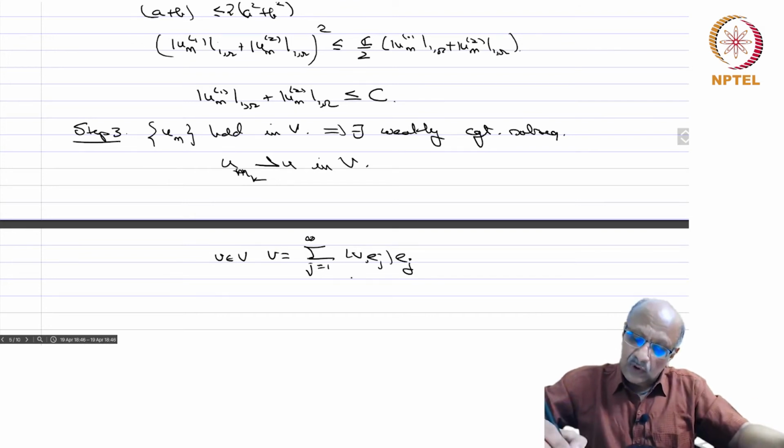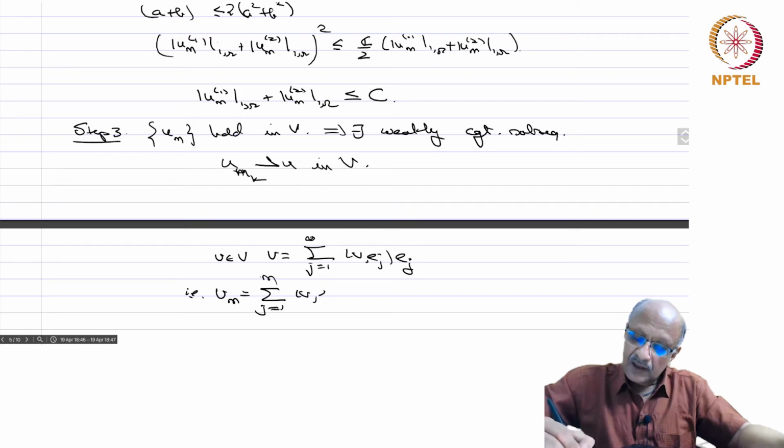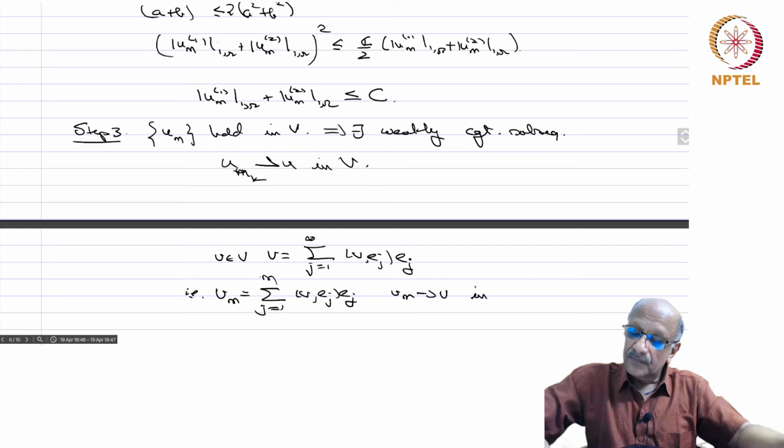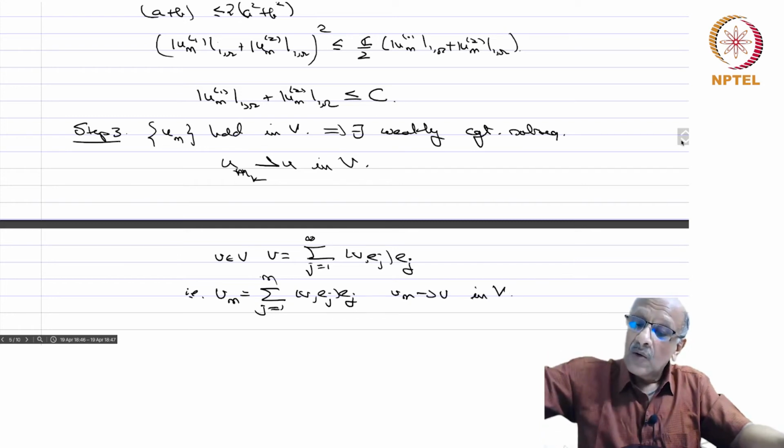And what does this mean? This means that if you write v_m equals sigma j equals 1 to m (v, e_j) e_j, then v_m converges to v in V.